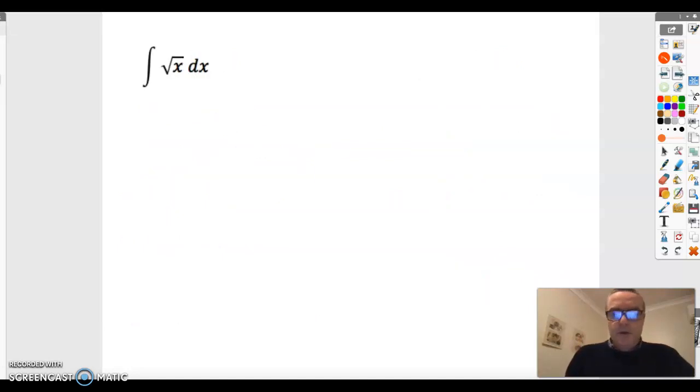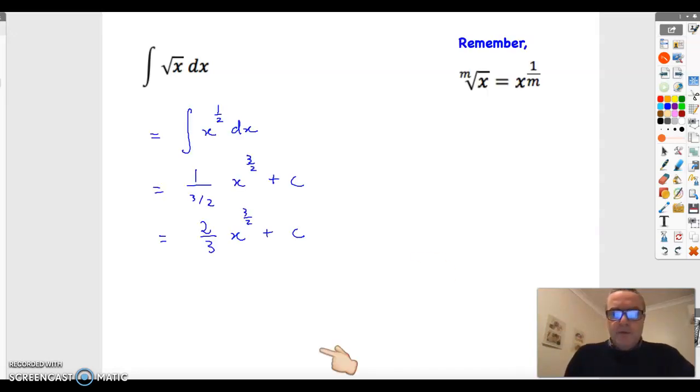Here we've got a power function, square root of x. It's called a power function because we can write x to the power of something to represent that, which is necessary either if we want to differentiate or integrate an expression like this. So remembering those index laws, such as this one up here, the square root of x can be written as x to the power of a half.